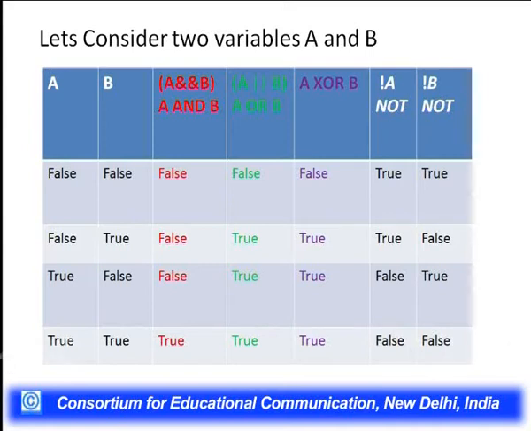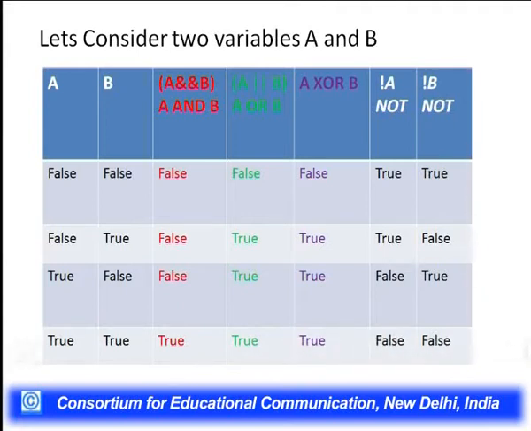In the same state, A is false, B is false, then in the case of the OR operator, A or B will be false. In the case of XOR, both A and B are false, then A XOR B will be false. In the case of negation, A is false, so NOT A is true. If B is false, NOT B is true.